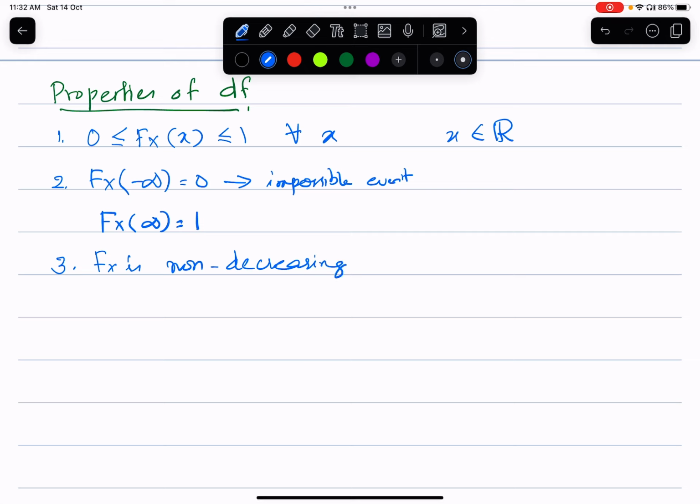It may either increase or stay constant for a certain period of time, but it's non-decreasing. What does it mean? If you're going from left to right and x1 is less than or equal to x2, this implies the distribution function of x1 will always be less than or equal to the distribution function of x2.